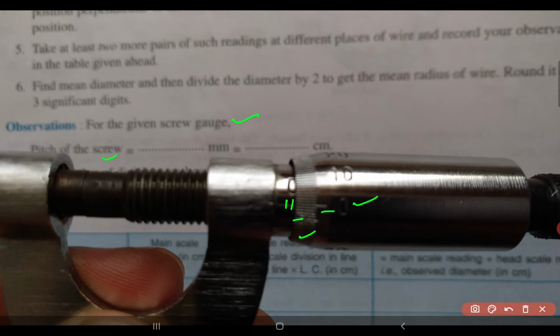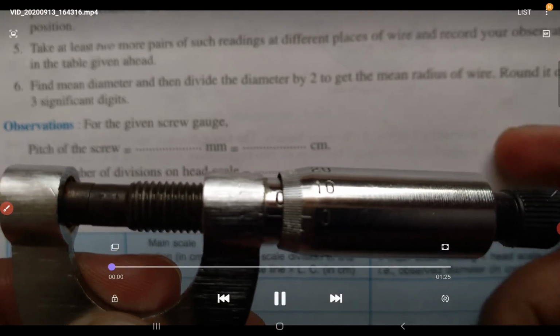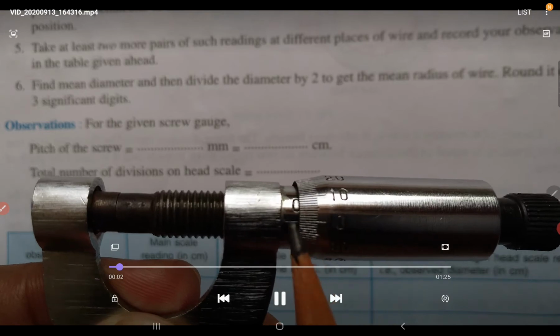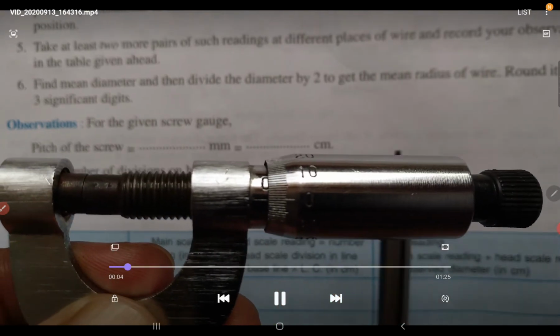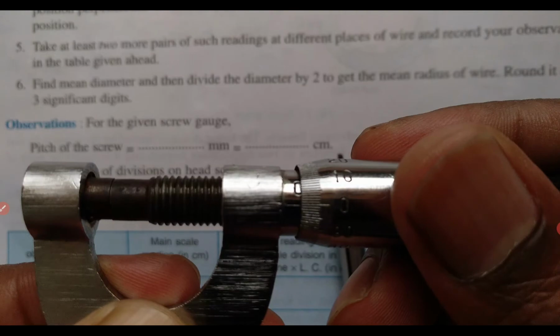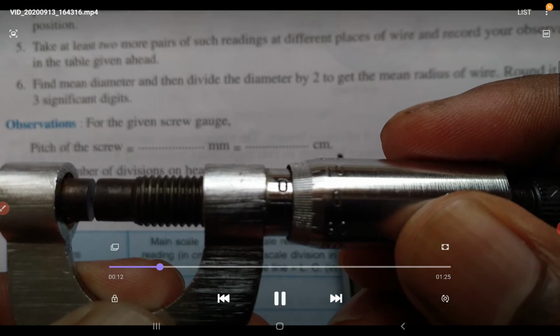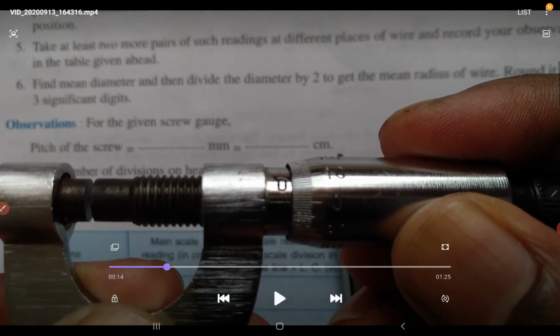So, let us check out the clip. Here I am trying to rotate this circular scale such that it completes one full rotation. You can see it being rotated, and here it has completed its one complete rotation.